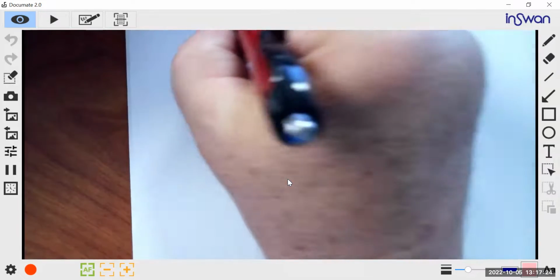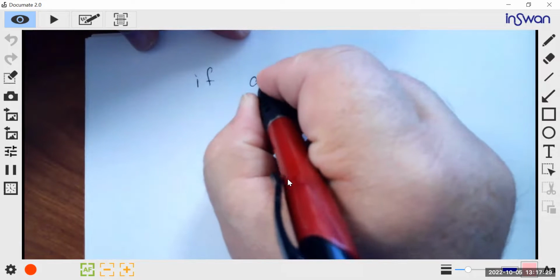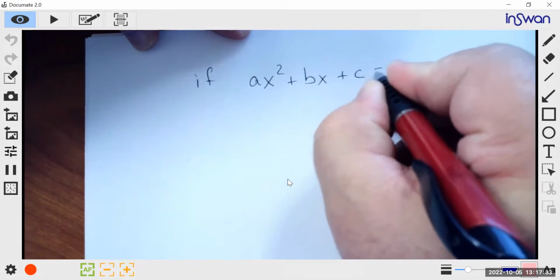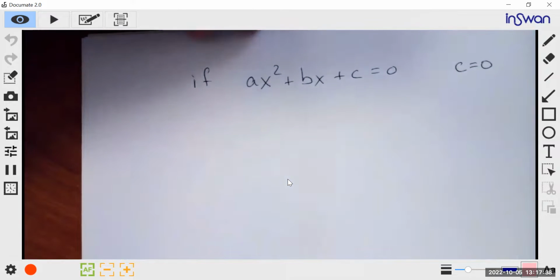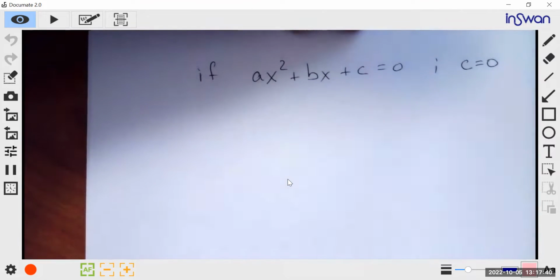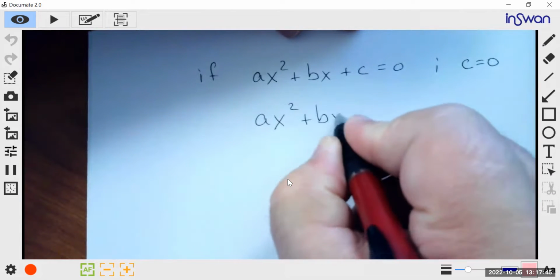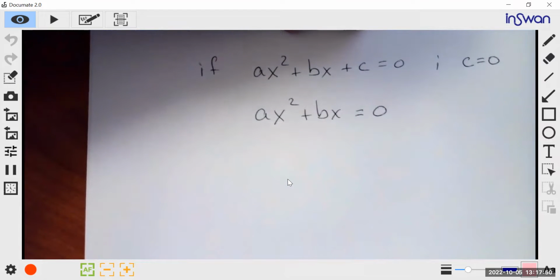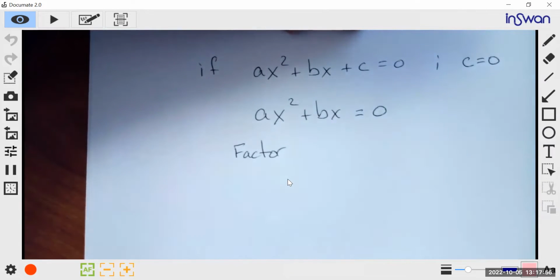What if c is equal to 0? Here we factor.